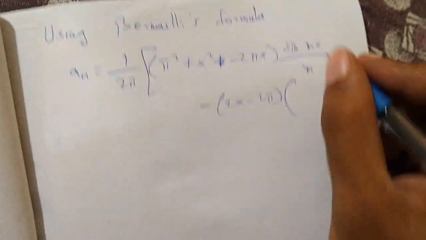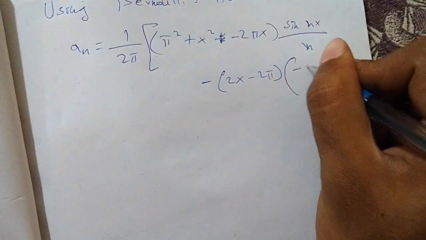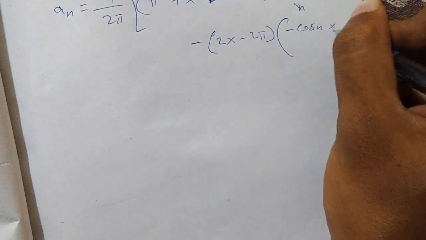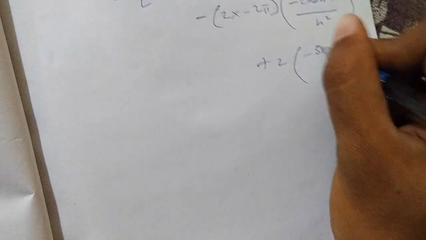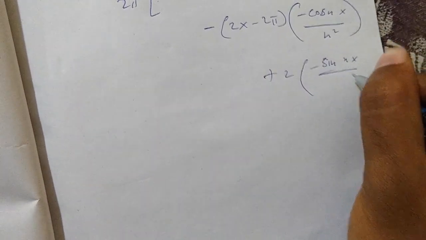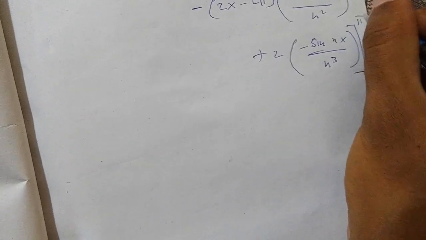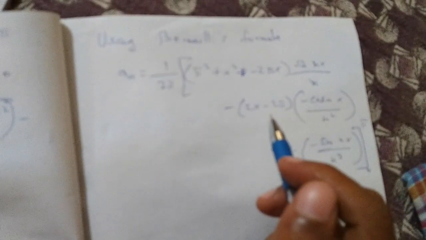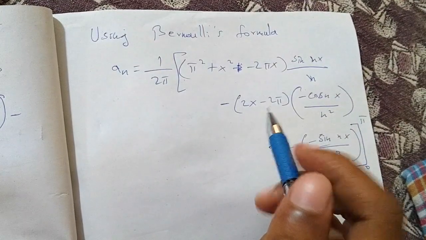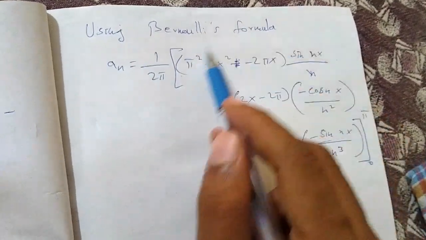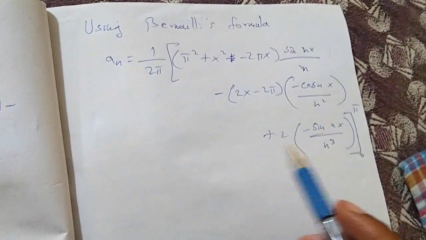So we get minus cos nx by n squared plus 2 sin nx by n cubed, from 0 to pi. Now in this equation, this one and this one will become 0.